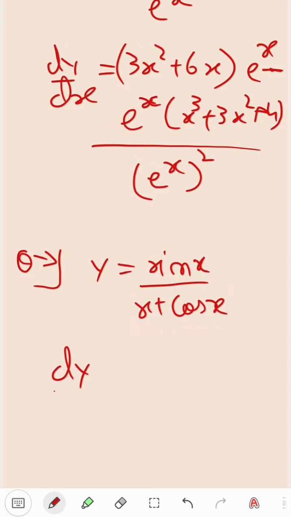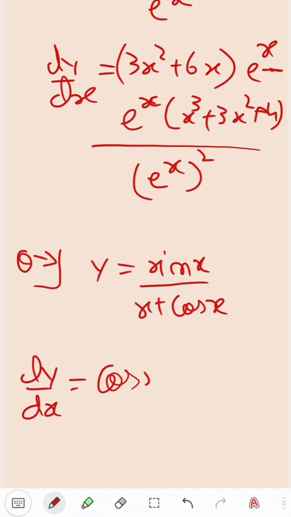So dy by dx would be the derivative of the first function, which is sin x, that is cos x, into the second function as it is, minus, okay, it will be minus not plus, so take care of the sign, minus the derivative of the second function.